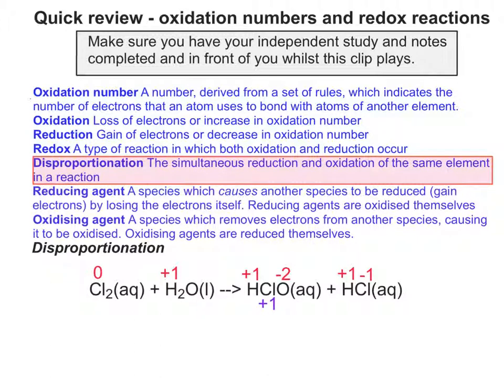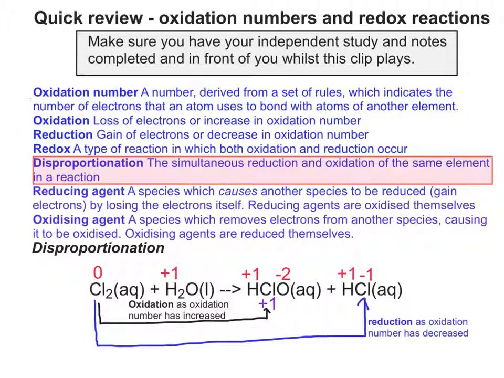Now, having a look at it, you can see that there's 2 chlorine atoms that are at oxidation state 0. So you can see that chlorine is simultaneously oxidized and reduced. So this means that chlorine has disproportionated.